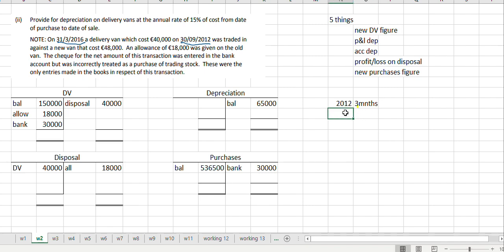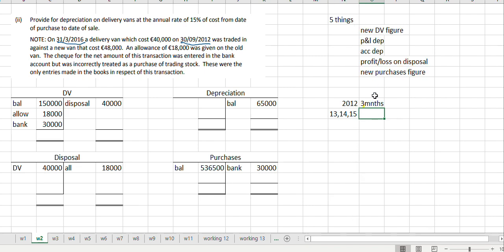Then we had the whole of 2013, 14 and 15, that would be 36 months, 3 years. And then in 2016, again, we had 3 months because we disposed of the van on the 31st of March. So in total, 42 months worth of depreciation.